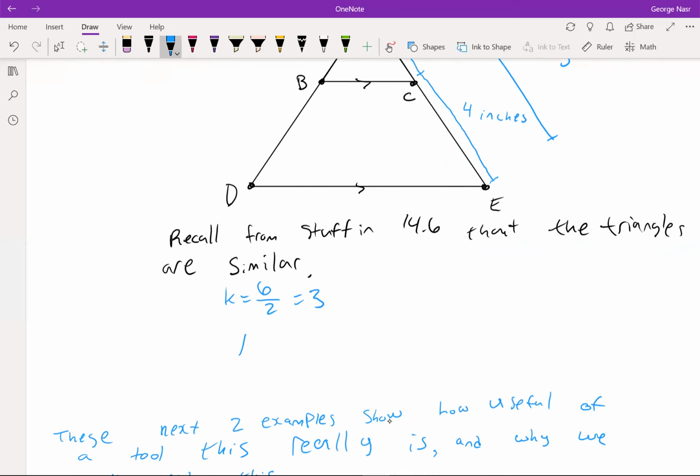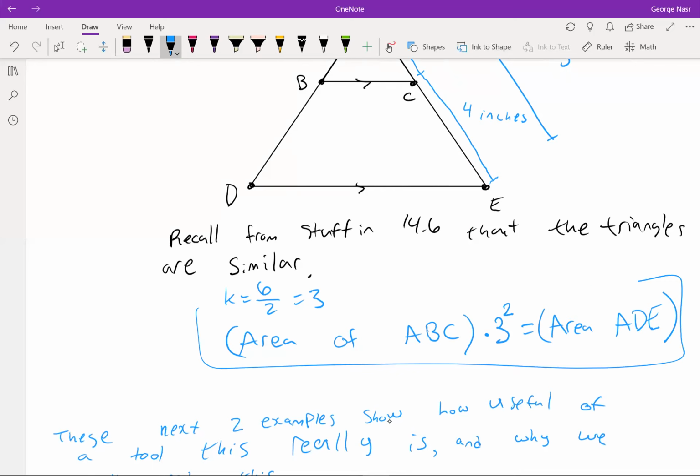So what this tells me is that the area of ABC has to be scaled, so that number times 3 squared has to be the area of ADE. And so that's the relationship between the areas of these two triangles. The area of ADE is 9 times the area of ABC.